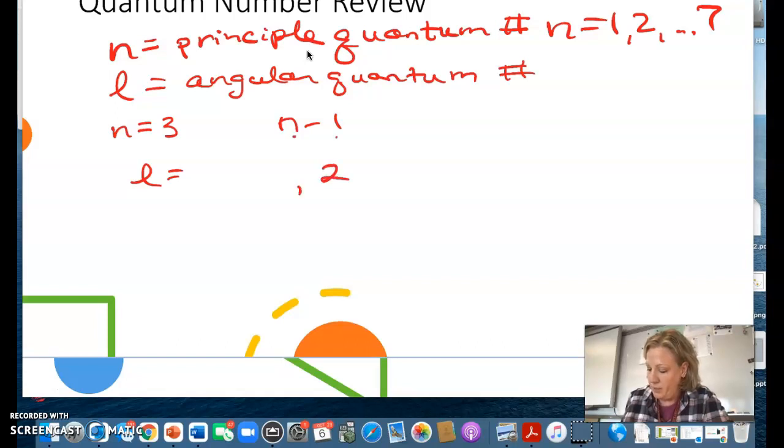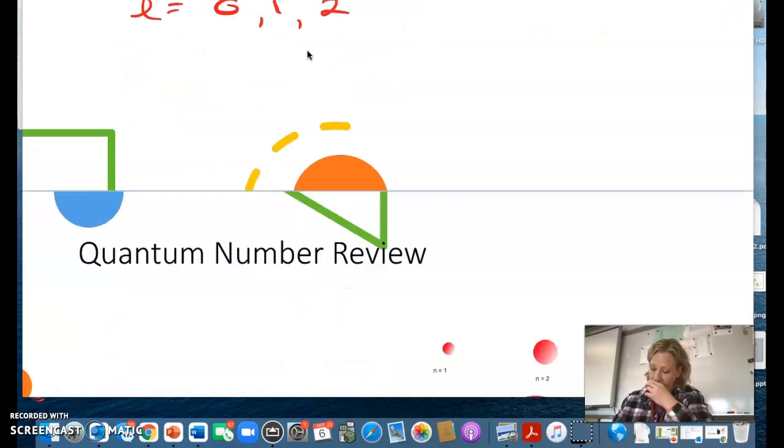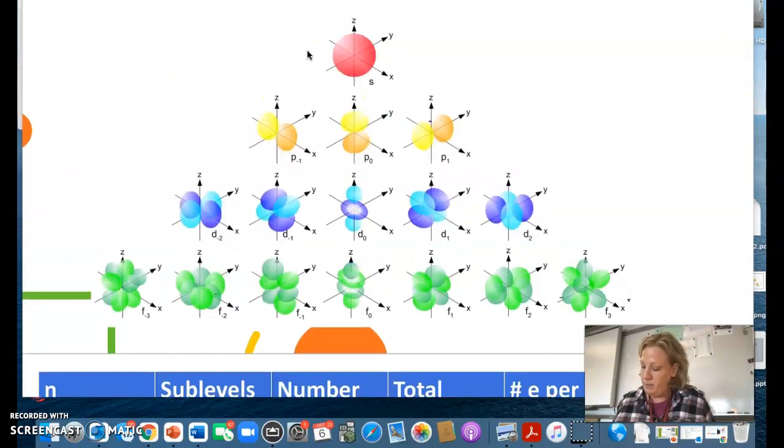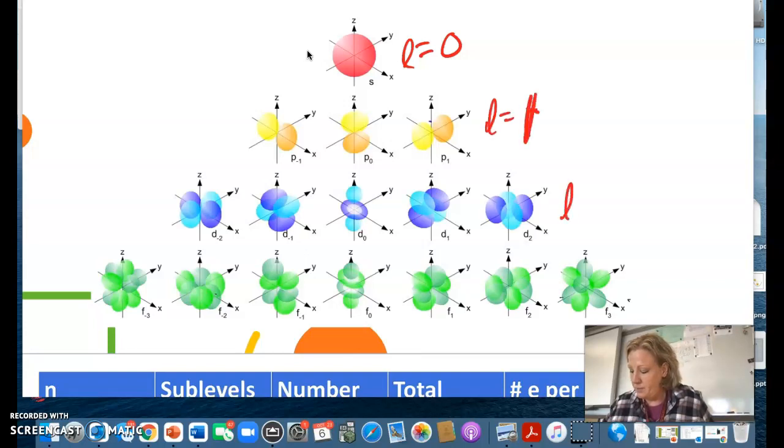But there's also an l value of 1 and 0. So the values of the angular quantum number tell us the shapes. So the s shape is l equals 0, p is l equals 1, the d shape is l equals 2, and the f is l equals 3.